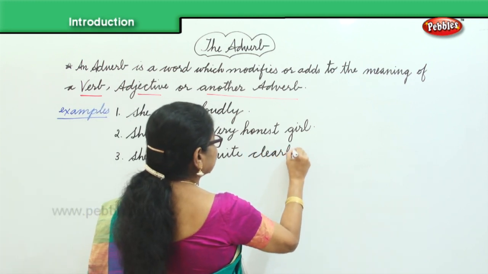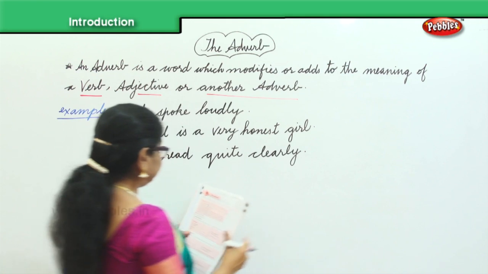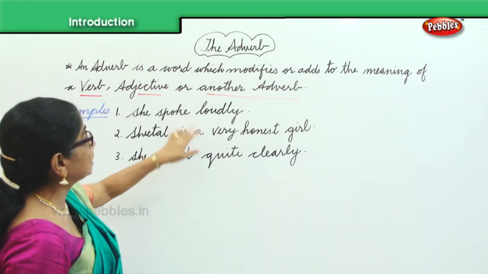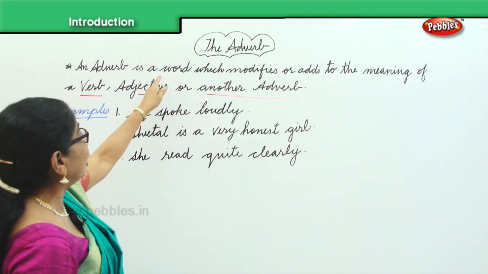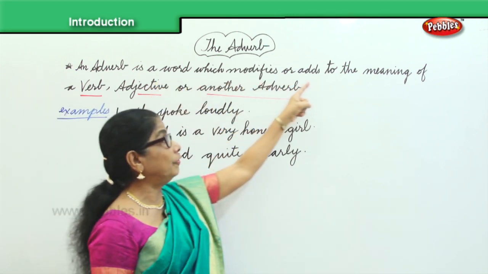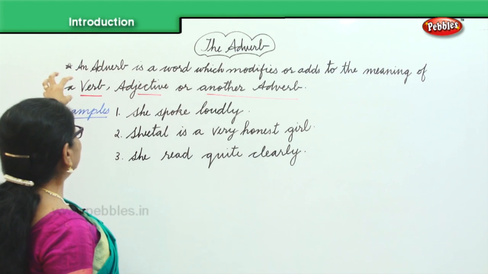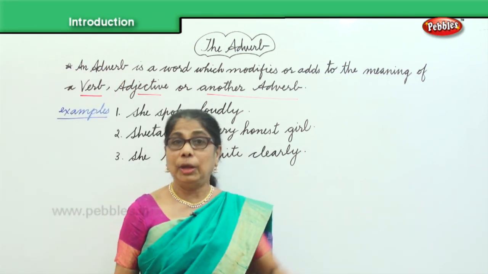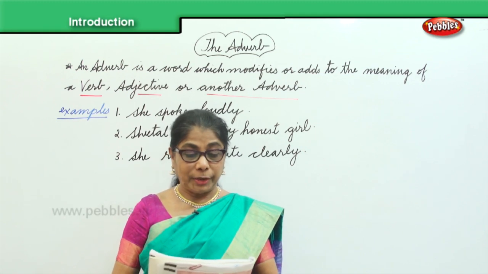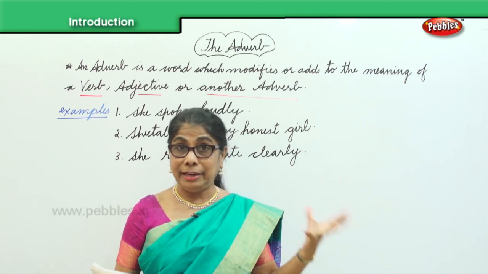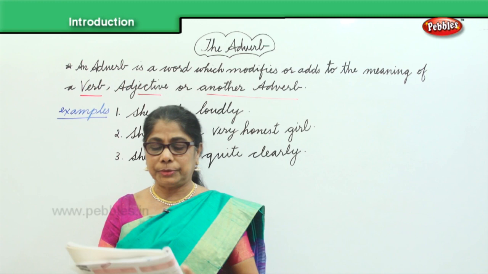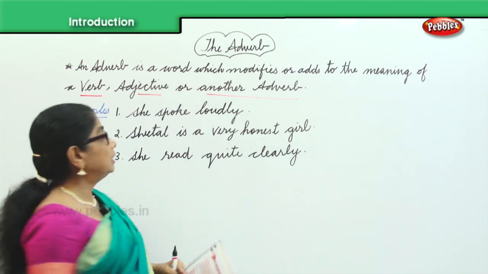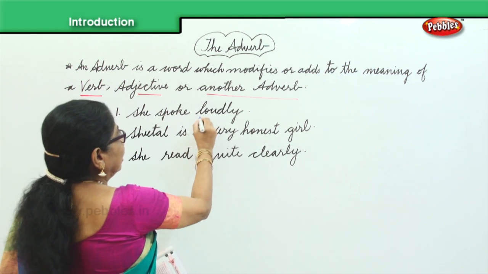Now, let's look at each of these sentences and find out which word it modifies and adds meaning to: verb, adjective, or another adverb. That's what we are going to look at. First of all, let's identify the adverbs. In the first one, we have she spoke loudly.